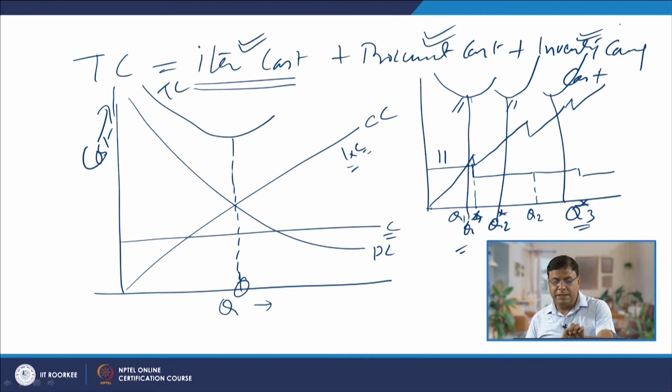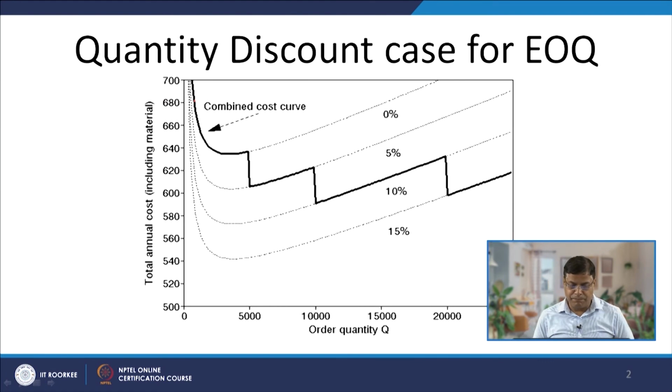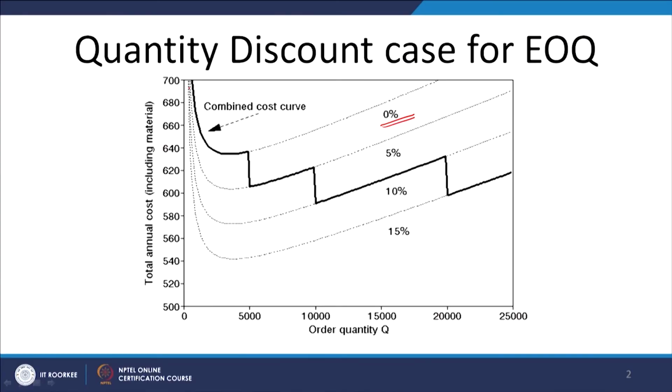Now we will see these things from these curves. When there is no price discount, we get one minimum order quantity, that is this. The moment we get the price break of a 5% discount, again the IC is reduced, the item cost is reduced, so we get another minimum order quantity, that is here.